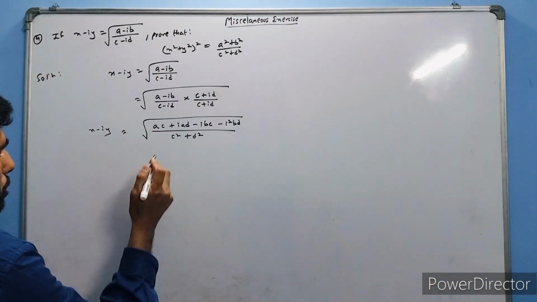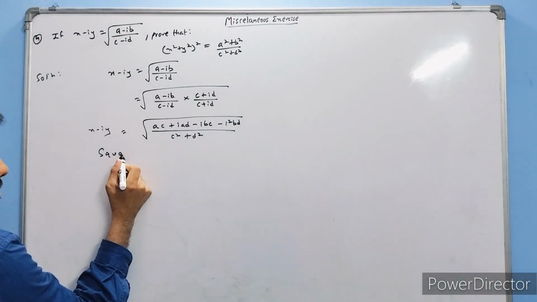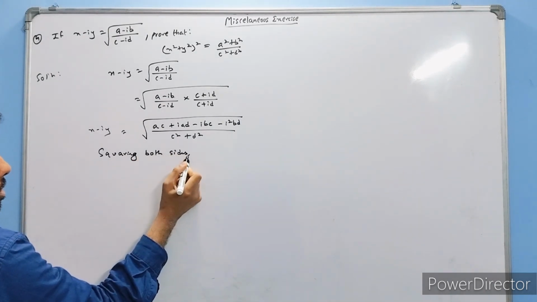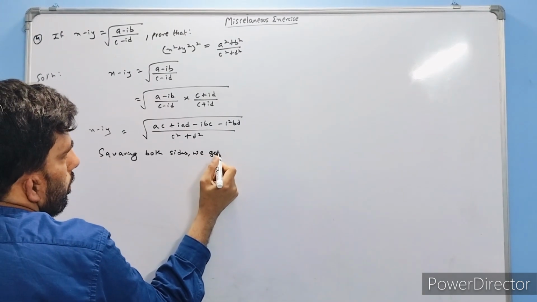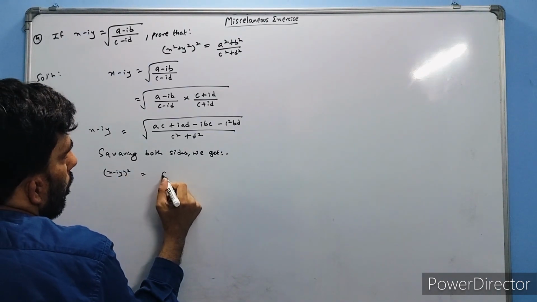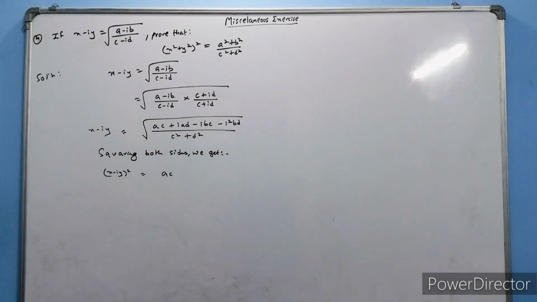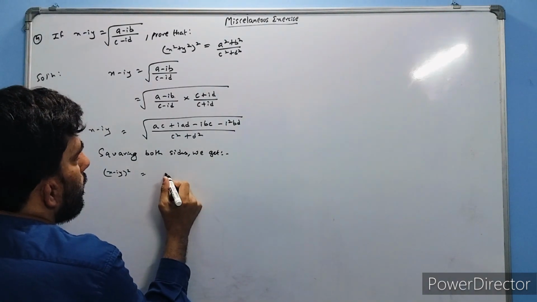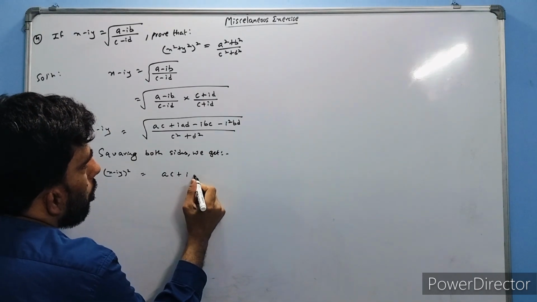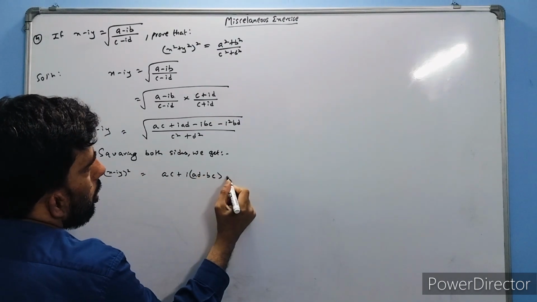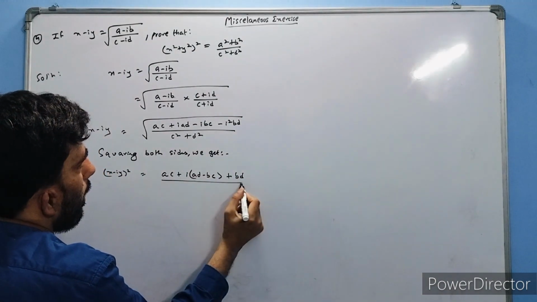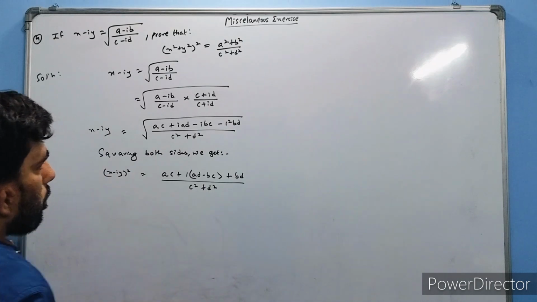Now what we can do here, squaring both sides, we get x minus iy whole square. I got ac. If I take common here, so I got ad minus bc minus i square, we know it's minus and plus bd. Okay, upon I have c square plus d square.